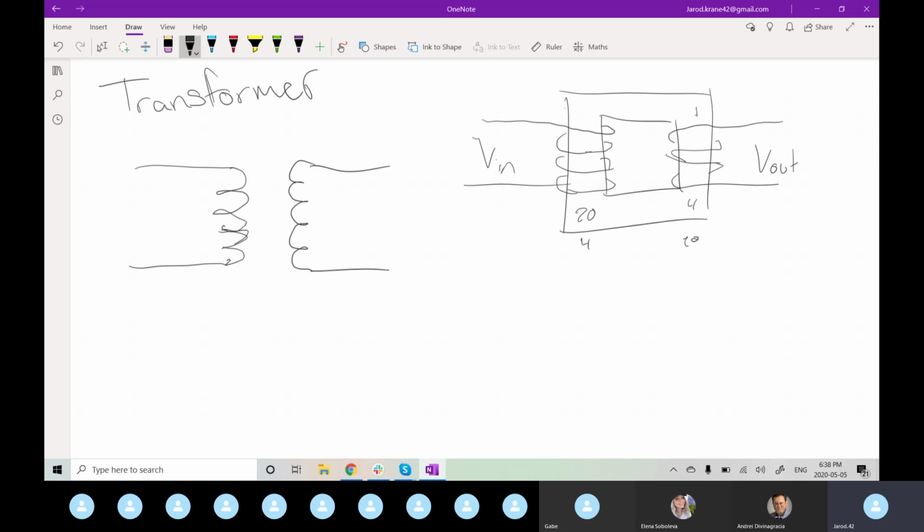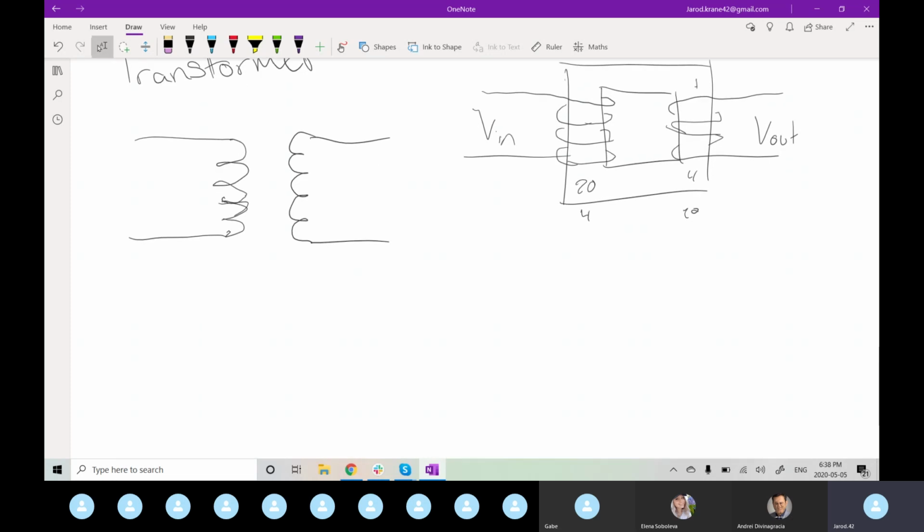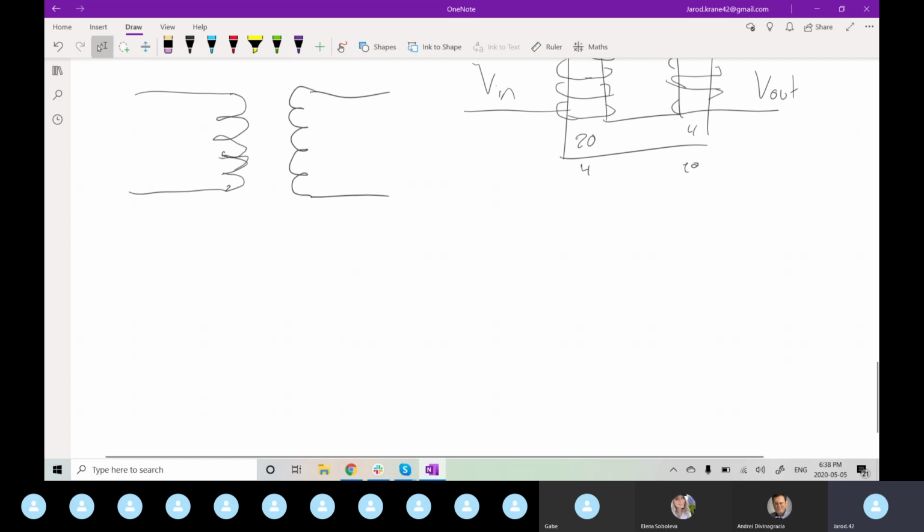But one of the more low-end practical uses that we'll see is using it for isolation. So your V in, your V out will, in this case, be the same voltage, but you're able to have full isolation between the two halves. So this is especially good for any high voltage systems.